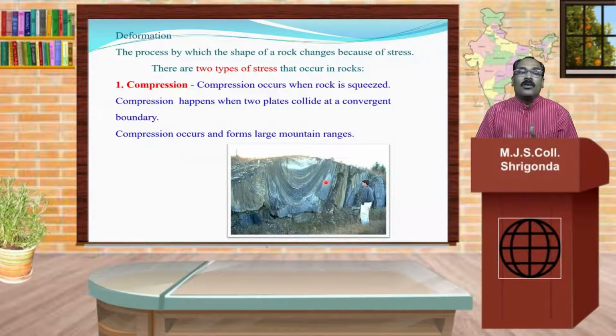The first is compression. Compression occurs when rocks are squeezed, bending the rock. Compression happens when two plates collide at convergent boundaries. Compression occurs in the formation of large mountain ranges.